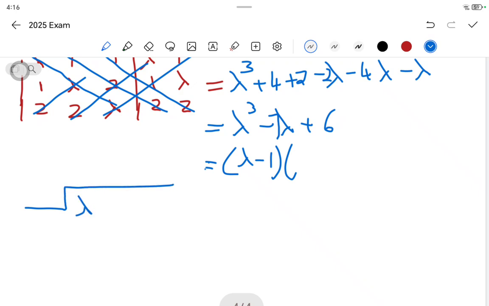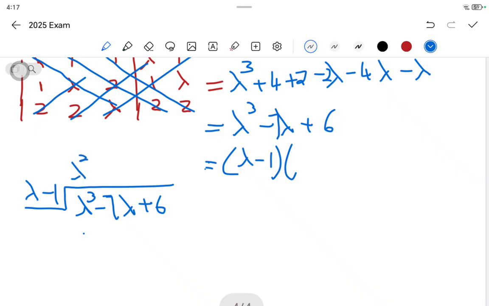It doesn't matter how you do your methods, you can do them anyhow. Here we have lambda minus 1. So lambda cubed divided by lambda, we get lambda squared.